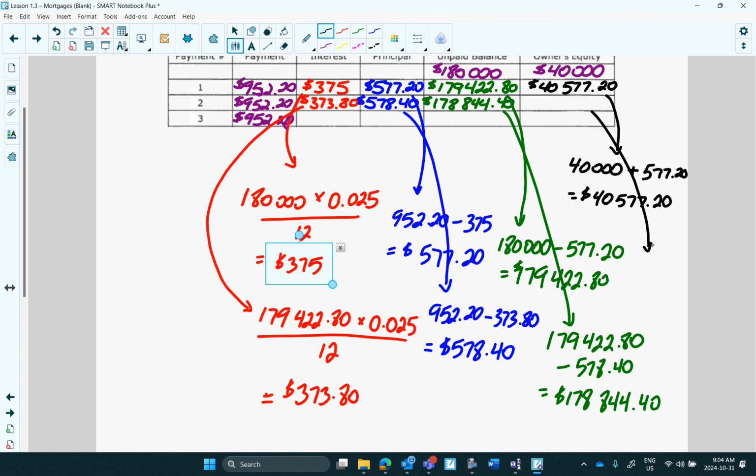So this would be 40,577.20 plus 578.40. Which means the equity he now has in his home is 41,155.60.